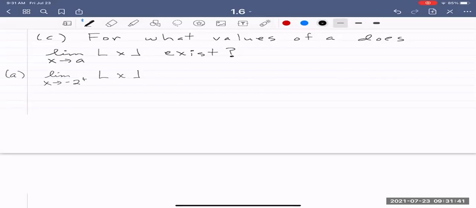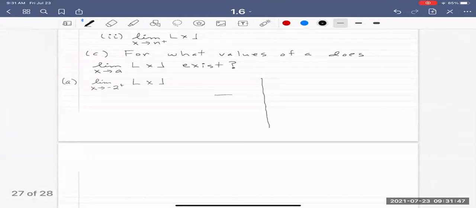So let's sketch the graph. Let's say 1, 2, 3.